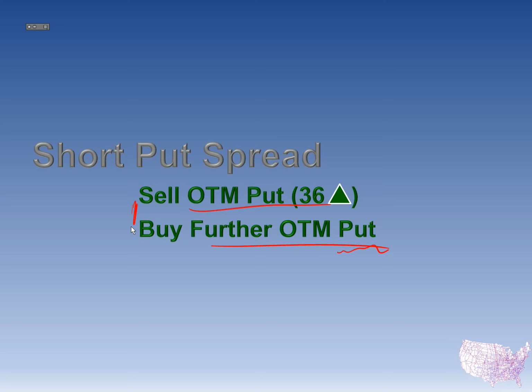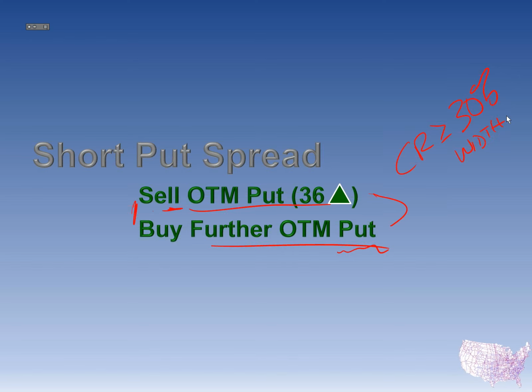Well, that's the spread. What I want is my credit, because I'm selling a nearer one, and the one that I'm selling is worth more. So when I put this spread together, I want to collect a credit greater than or equal to 30% of the width.